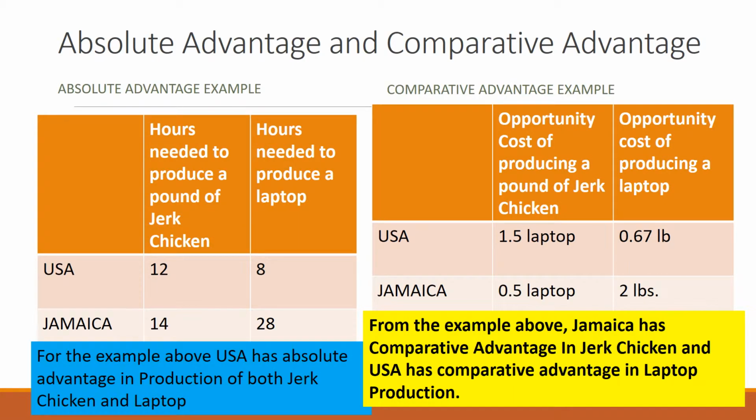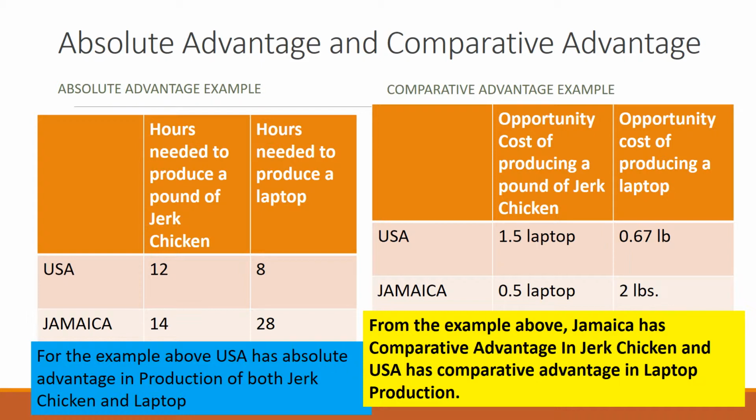So let us first focus on the left hand side table, which is explaining the concept of absolute advantage. Absolute advantage can be defined as a strength for a country in terms of least cost production.